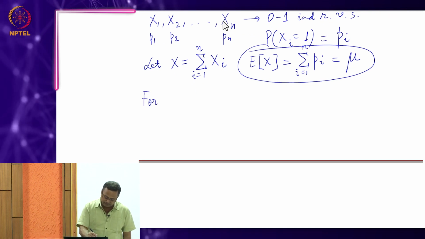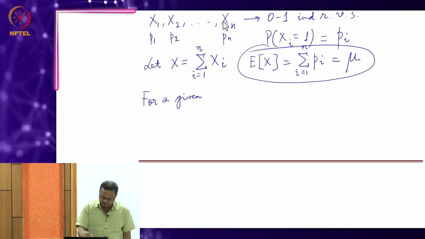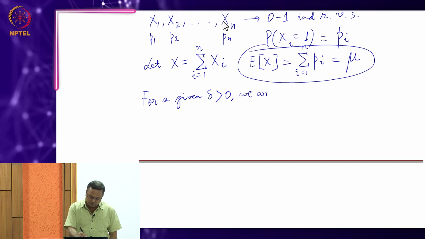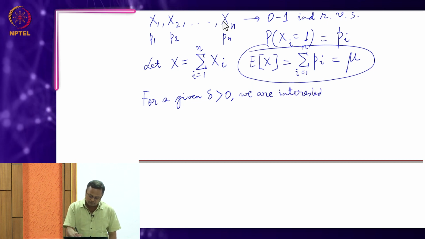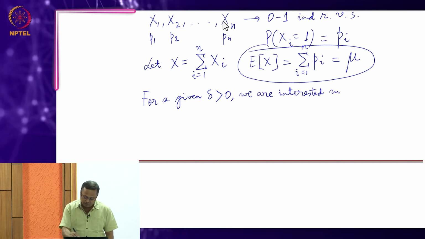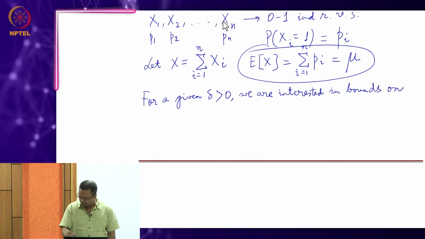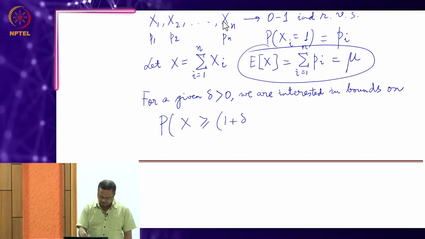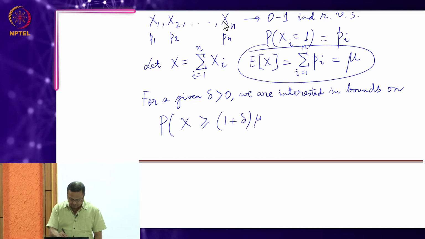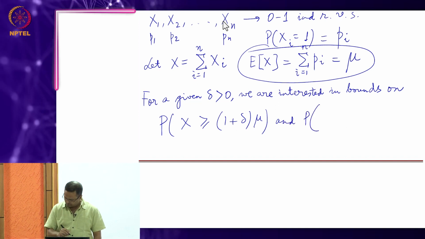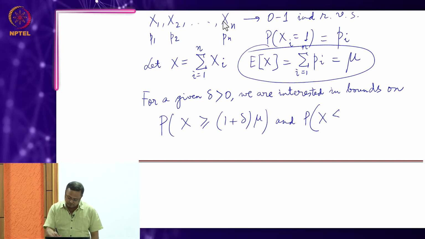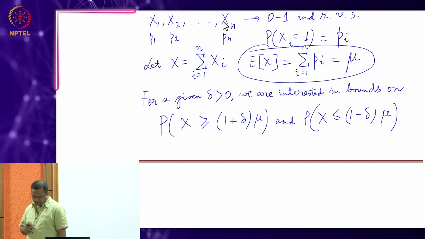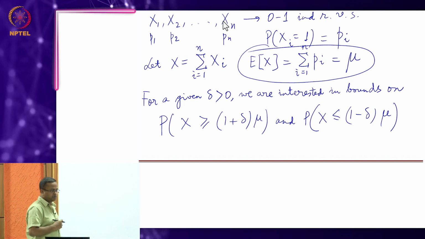Now, for a given delta, so this is the kind of bound we are interested in.